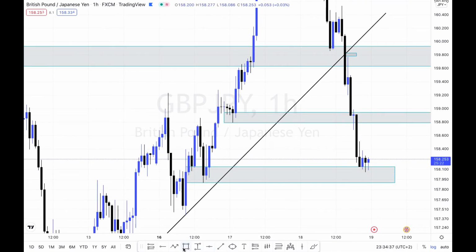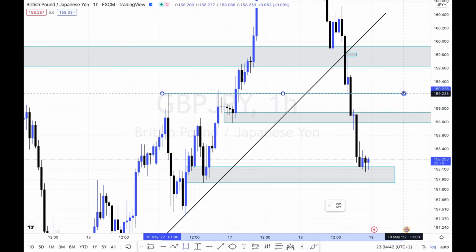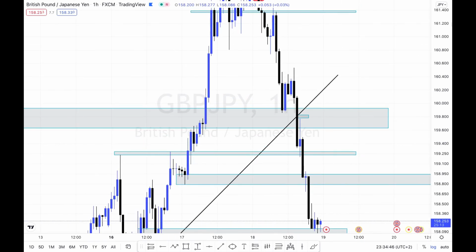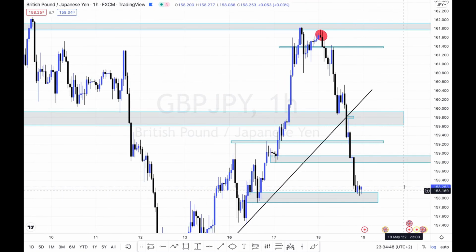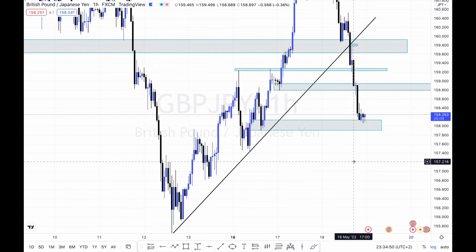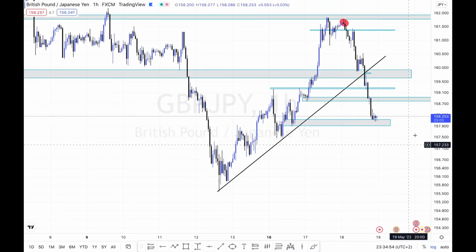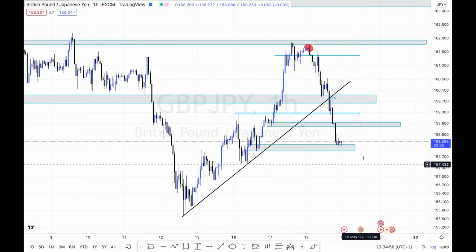This is a wick of the higher high, right? We can just do this, right? Rejection. So as you guys can see, when you are looking for your take profits, you should be looking into zones, right? Look for your zones. And another thing, right?